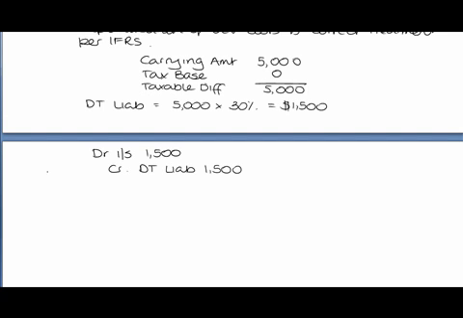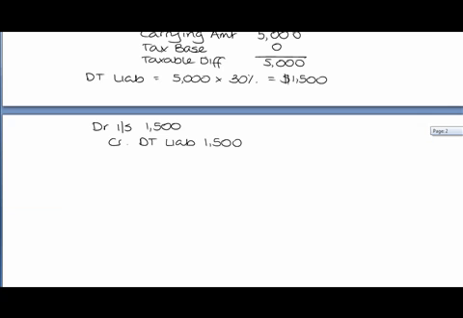Next, we've got trade and other payables. And it says trade and other payables include an accrual for compensation to be paid to employees. This amounts to $1 million and is allowed for taxation when paid.